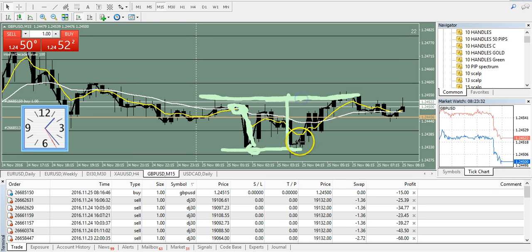And this is a high probability that once we come here, if we do go up, which you're not going to know until you get filled, a lot of people are going to get out here. You know that. So this is a high probability trade. And it happens again, and it goes through the ceiling.